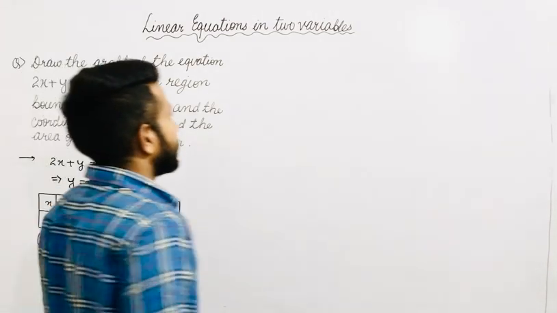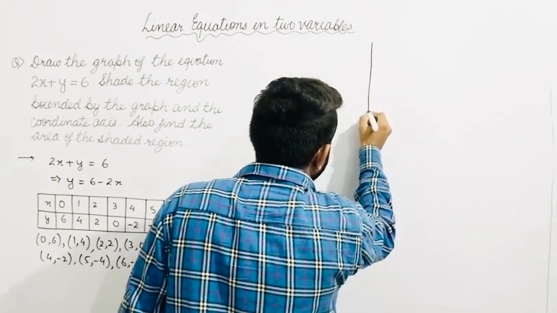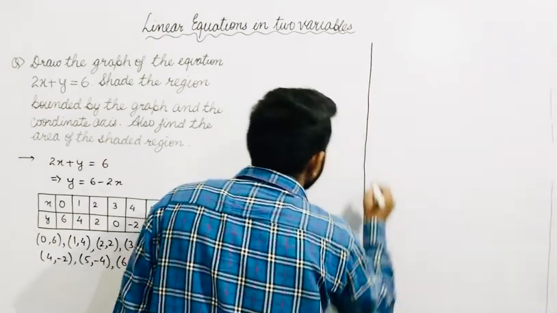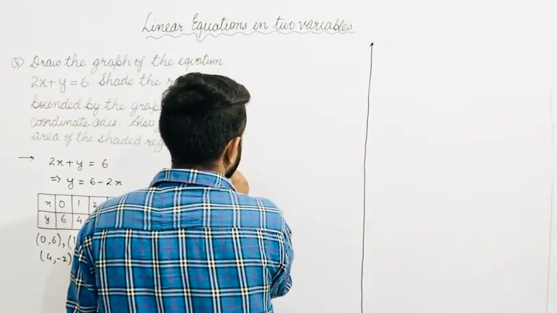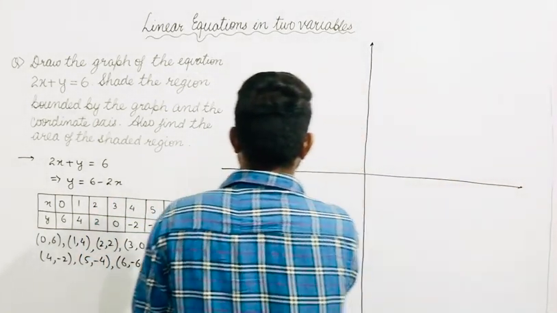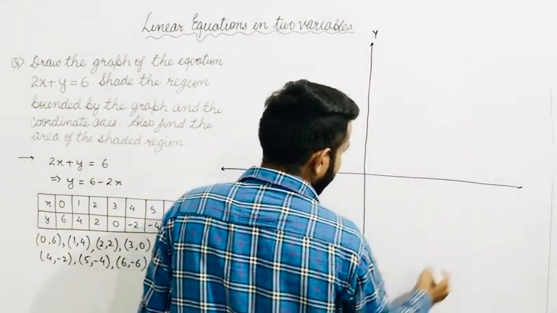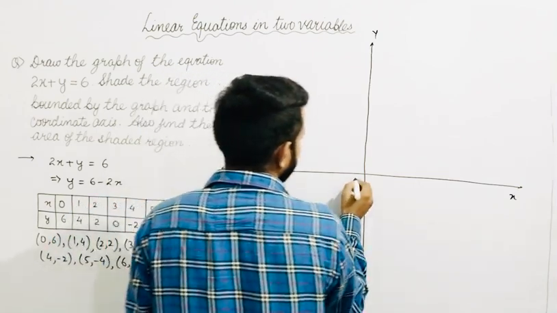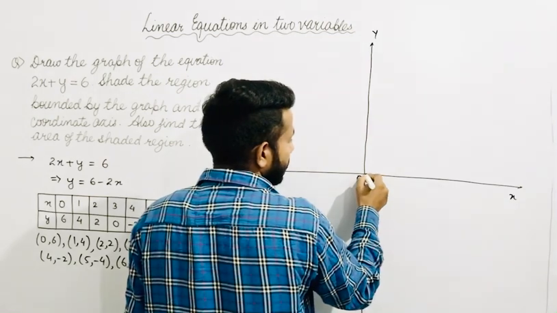Now what we do next is we draw the graph. Let us draw the graph. We draw a rough sketch of a graph. This is the positive y-axis, this is the negative y-axis, positive x-axis, negative x-axis. This is the origin, whose coordinate is (0, 0).